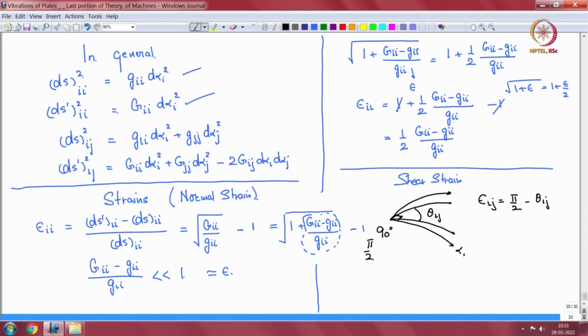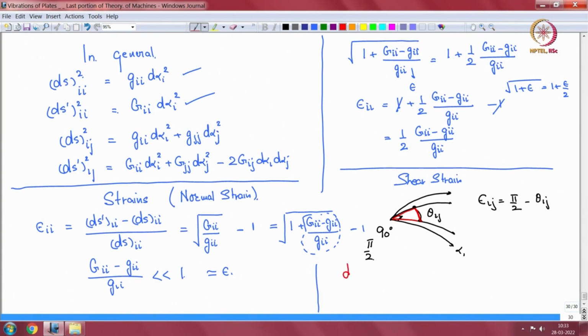Okay. So now what is the distance between two such points? If we assume this to be a small triangle, what is the distance between these 2 points?